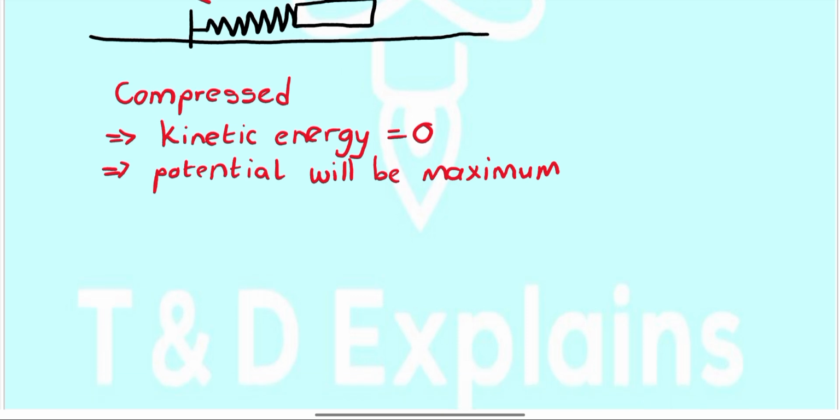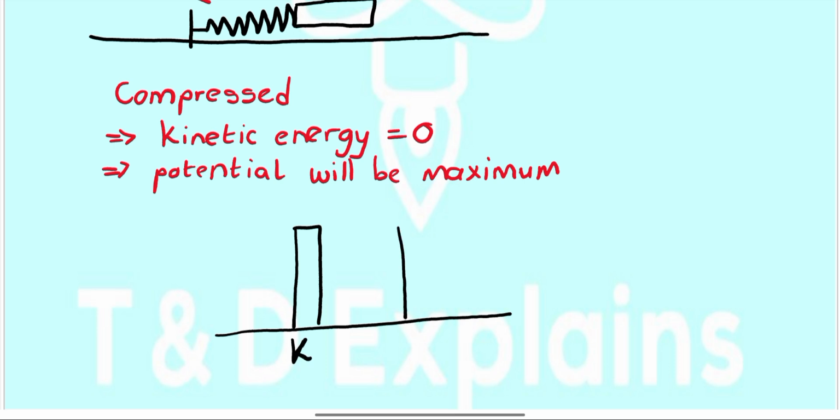You just draw some bars: draw a bar for your kinetic energy and leave it empty, and then draw a bar for your potential energy and show that the potential energy is full.